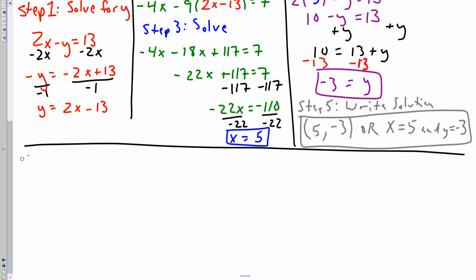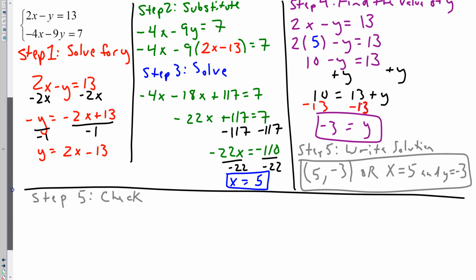And I really highly suggest doing a check for any sort of equation, not just using the systems of equations, because it lets you know that you got the correct answer, right? And when we're doing things that could be high stakes, like I'm taking an exam, that check step is crucial, because we tend to make silly mistakes when we're under time constraints like an exam. So how would a check look?